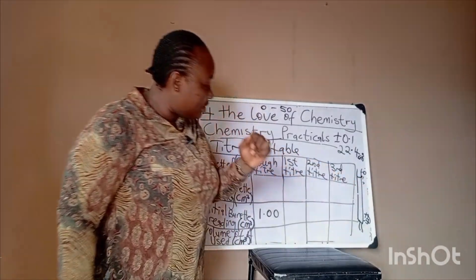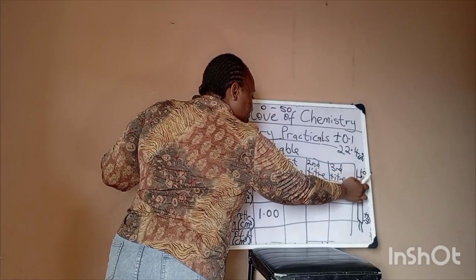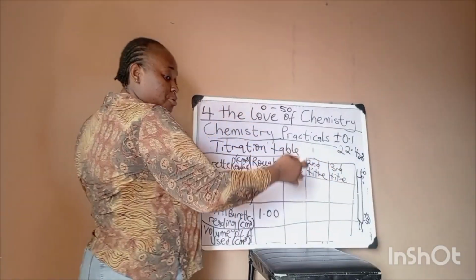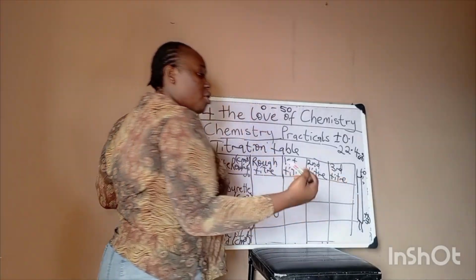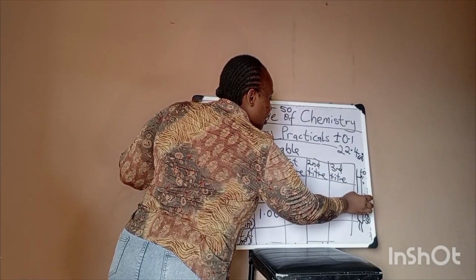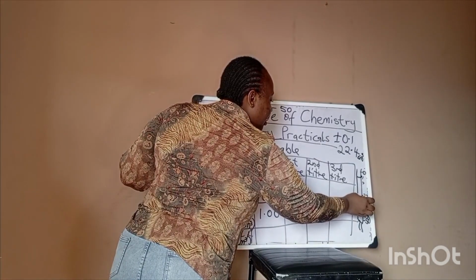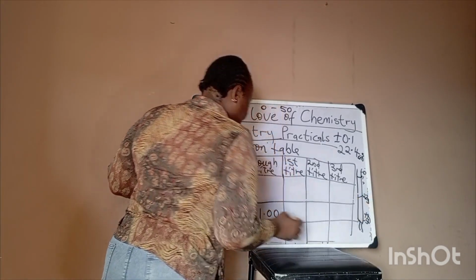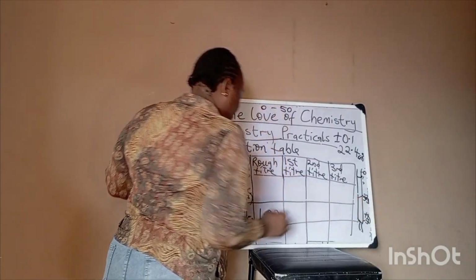Then we start our titration. The acid starts going down, and as it's going down, the burette number is increasing. So let's say we got a color change at, let's say, 22.5. Sorry, 23.5.